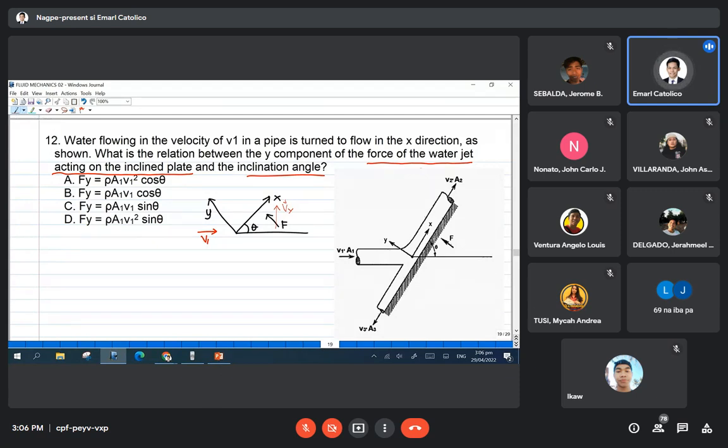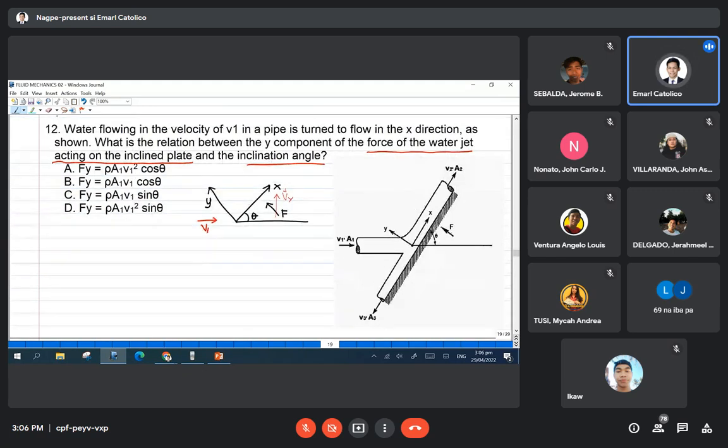Okay, solve na natin. Wala namang mga given. So, equation yung isa-solve natin. So, formula natin, again, formula ng impulse is equals to mass times velocity. So, yung velocity na i-consider natin is yung velocity at y. Kasi yan yung mag-a-act doon sa ating theta.